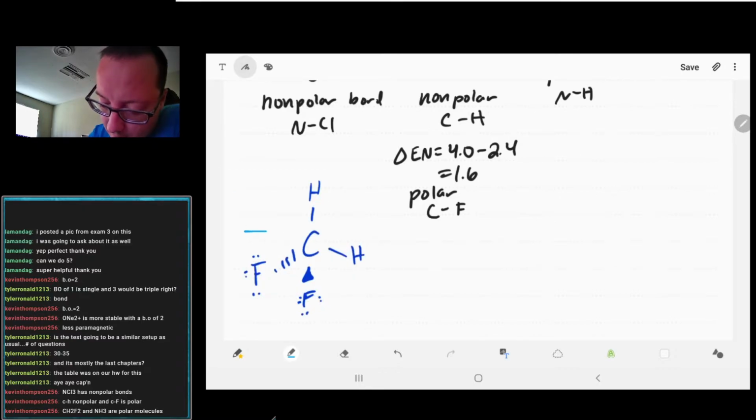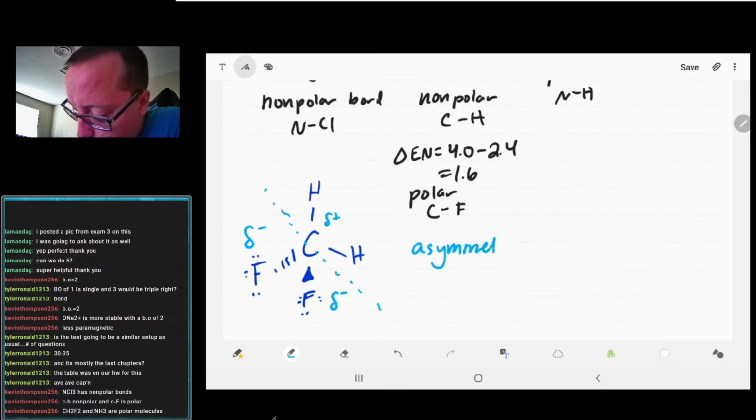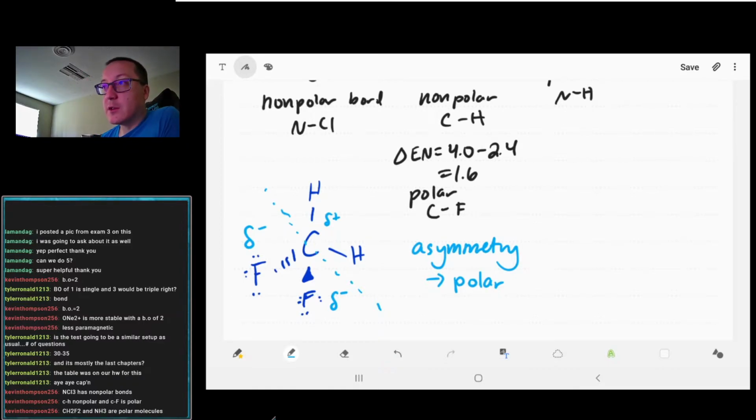So we know that the fluorines will be slightly negative, the carbon will be slightly positive, and we can very clearly see here, if we go along this line, that we're going to have some asymmetry here. And asymmetry is what leads to polarity. So this one is asymmetric. And so that means it's going to be polar. Okay, so we have polar bonds, and it is asymmetric. So it's going to be polar.